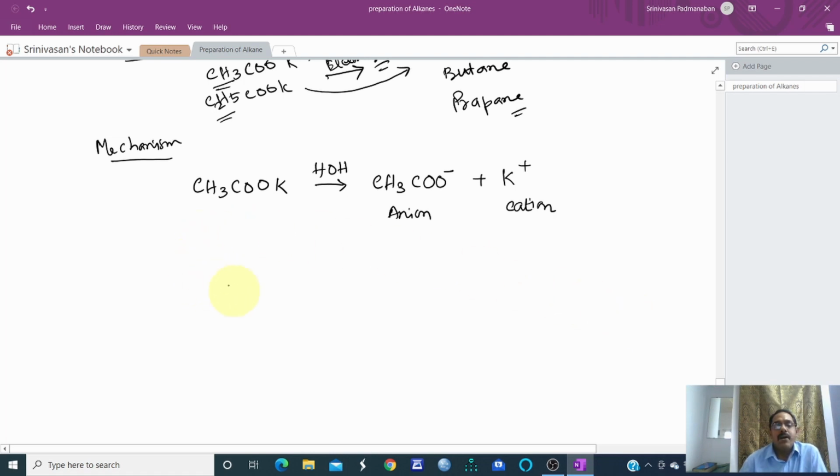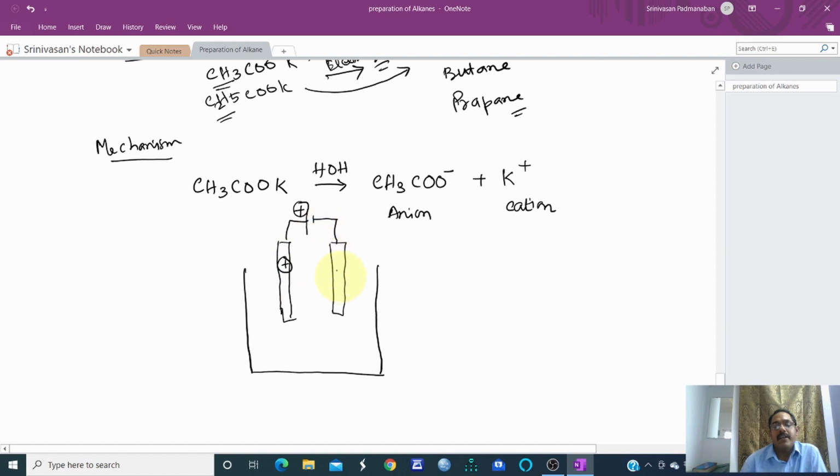So let us see how the reaction takes place in electrolysis. A beaker with 2 electrodes, connected to electricity. The bigger one we know is the positive electrode.